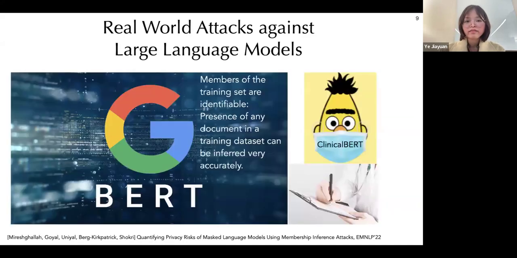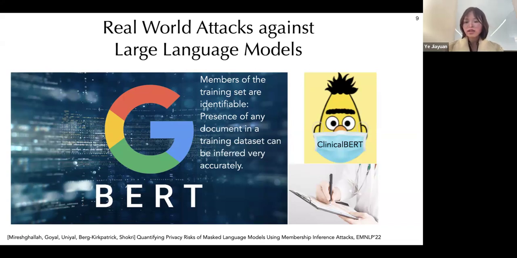And lastly, in the context of another kind of language model, which gives you an embedding for the text that you want, people have also shown that it's possible to identify membership of texts in the training data set of these embedding models.